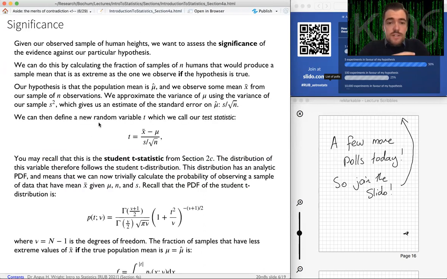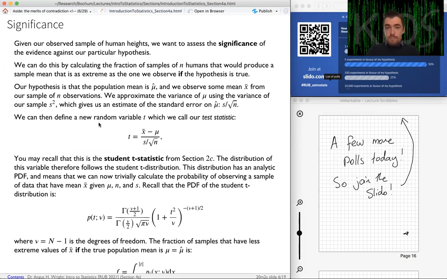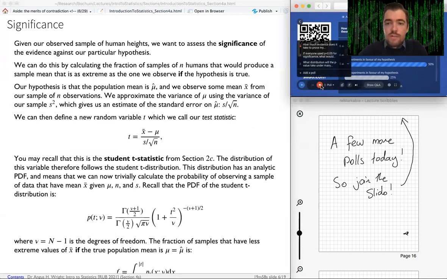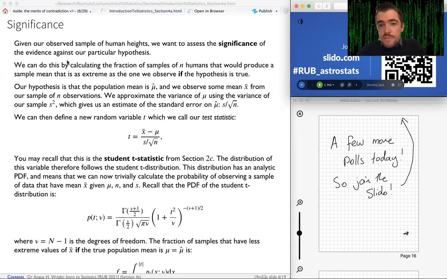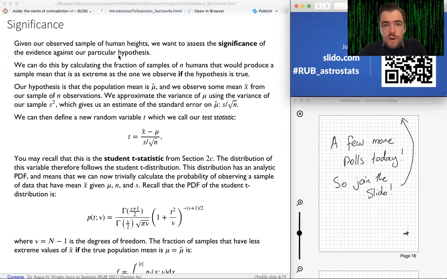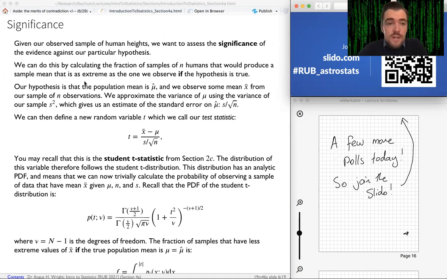This then leads us into the concept of significance. And this is the overwhelming umbrella under which we're going to be talking about what we're going to be talking about for this lecture. So given that we have some sample of human heights, we want to assess the significance of our evidence with respect to a particular hypothesis.